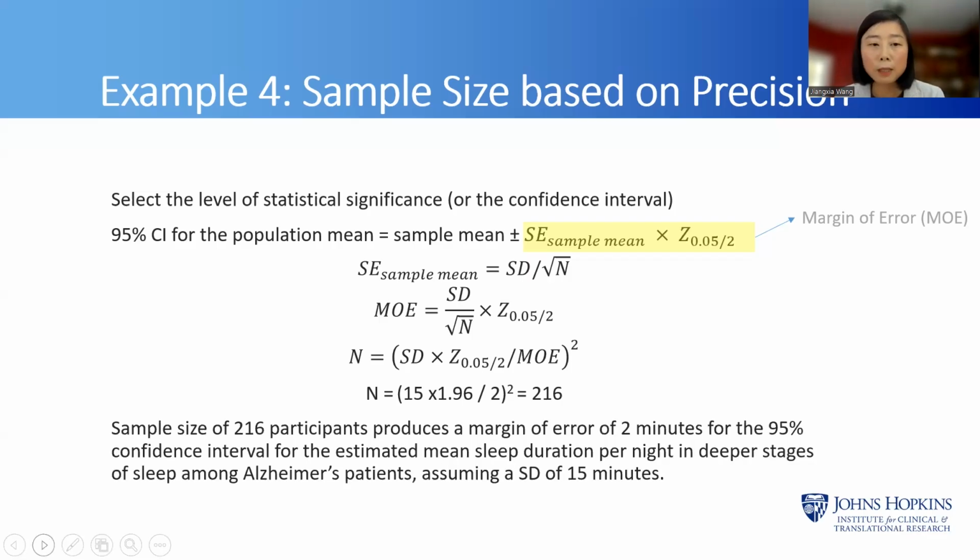This means a sample size of 216 participants produces a margin of error of 2 minutes for the 95% confidence interval for the estimated mean sleep duration per night in deeper stages of sleep among Alzheimer's patients, assuming a standard deviation of 15 minutes.